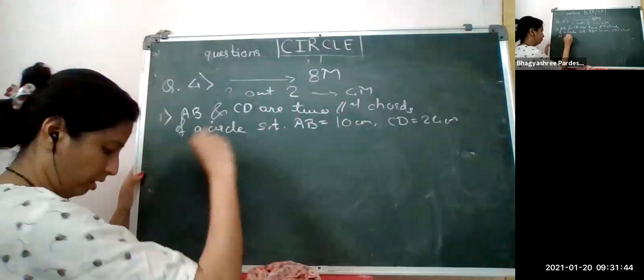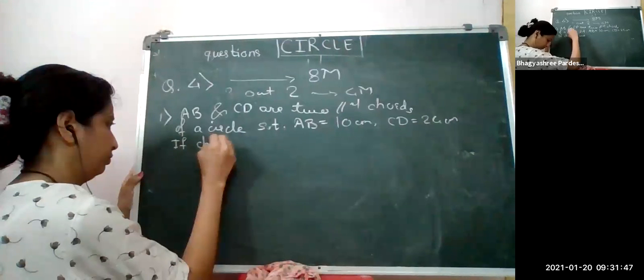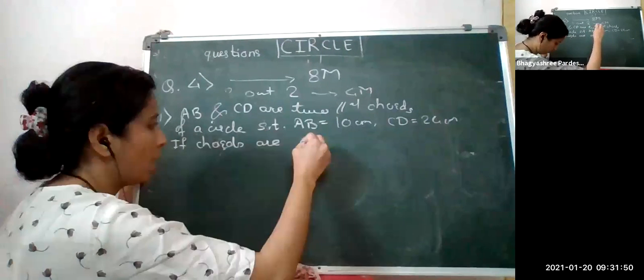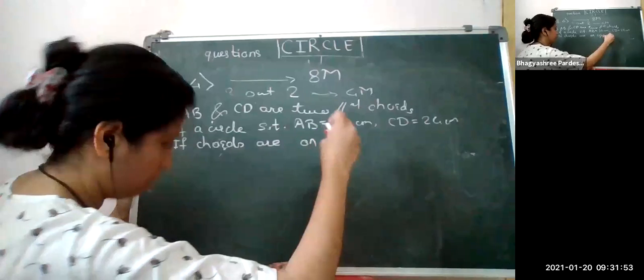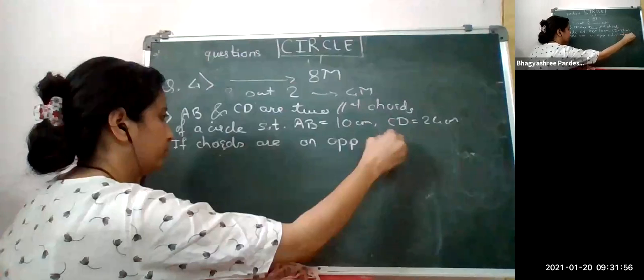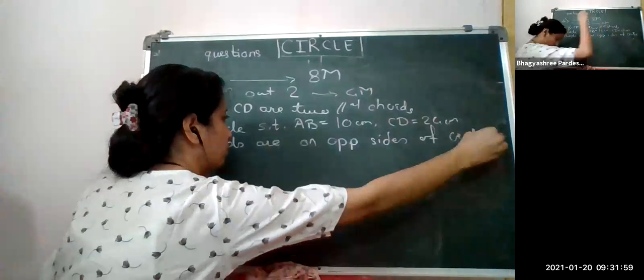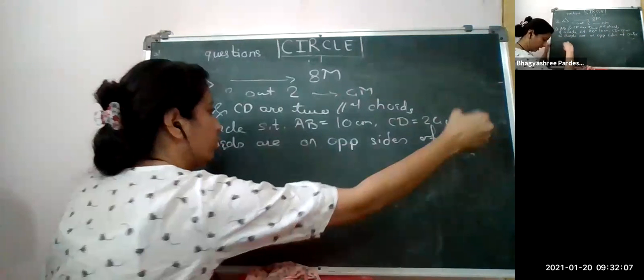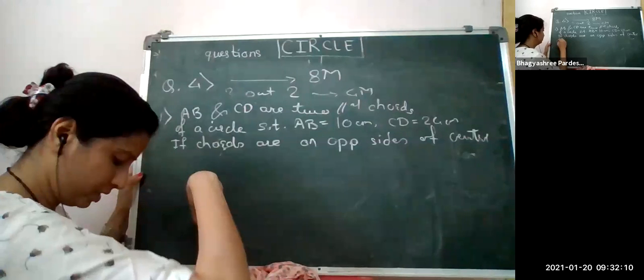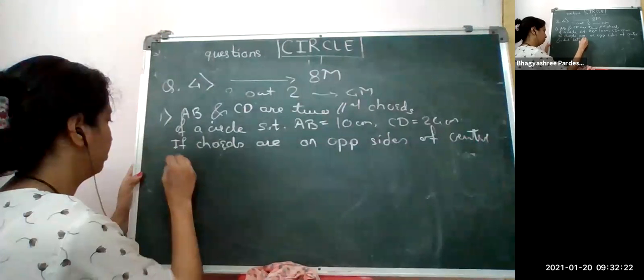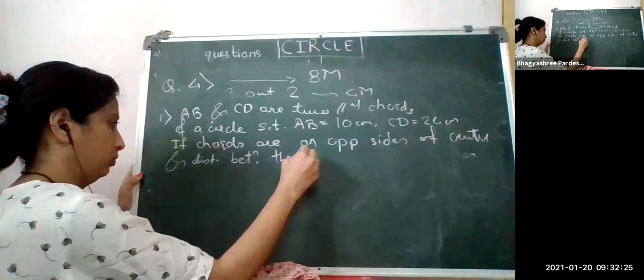Chords are on opposite sides of the center, and the distance between them is given. Find the radius of the circle.